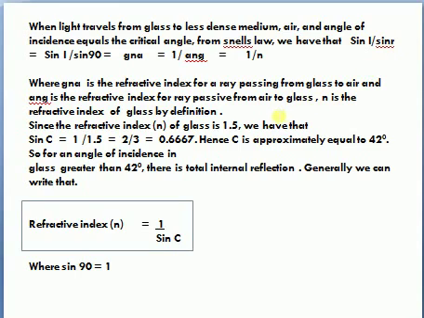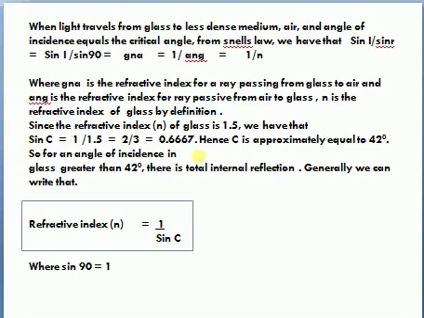So from here, the refractive index n of glass is given as 1.5. Remember we said that 1 over n is equal to sine C. So sine C will be equal to 1 over n, where n is the refractive index of glass, 1.5. That is 1 over 1.5, and that will give us 2 over 3, which gives us 0.6667.